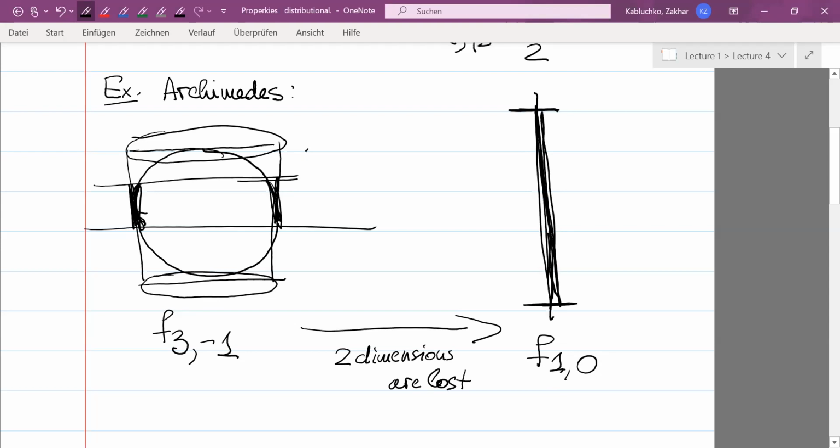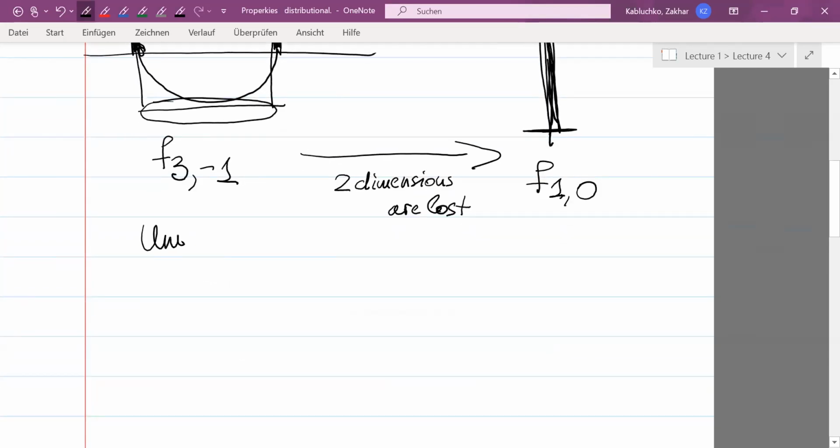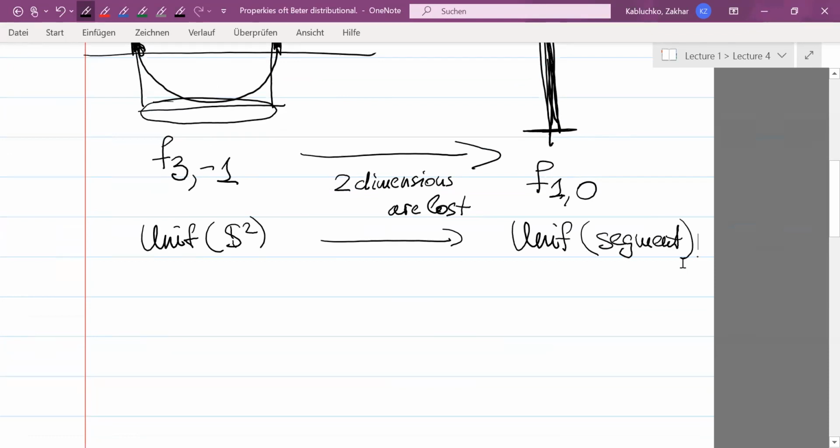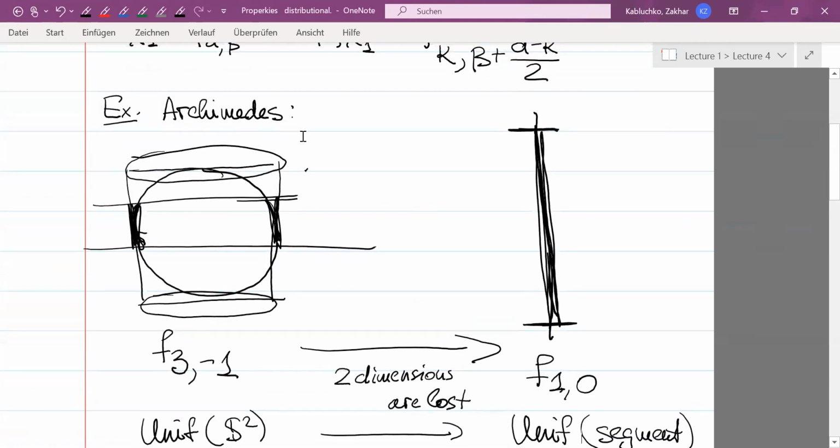So here a uniform distribution on the sphere is projected to the uniform distribution on the segment, which is this result of Archimedes. And the same is true in any dimension d, by the way.